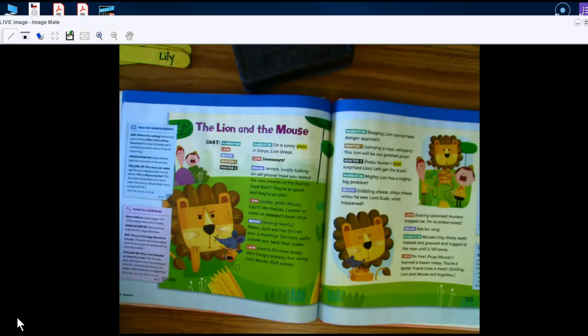Lion wakes, grabs Mouse. Mouse looking fearful.